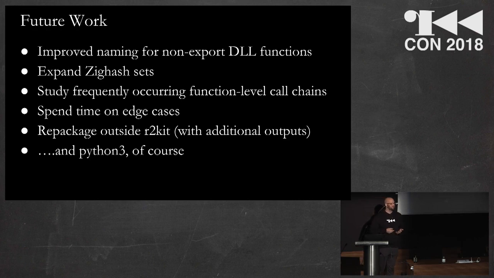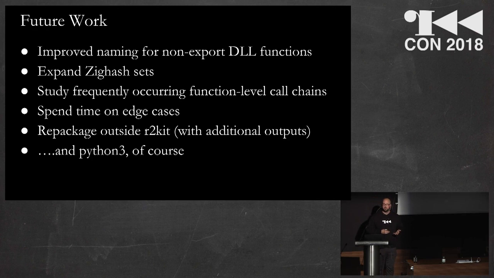For the Zignature hashes, because I'm really happy with that one, that's not as experimental. I'm looking to expand some of the signatures I have available, such as a couple of newer versions of Visual Studio, and then looking at debug versus release mode whenever you compile code, just to see if there's something I can do there.